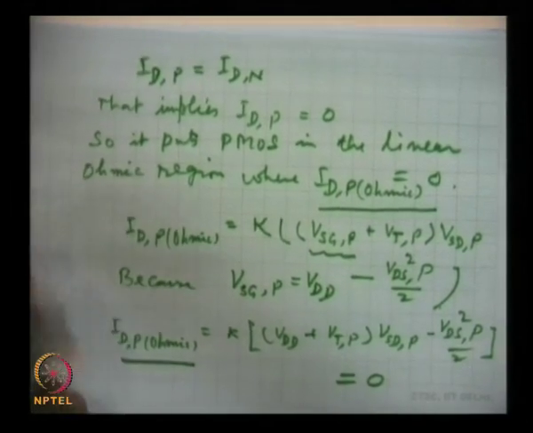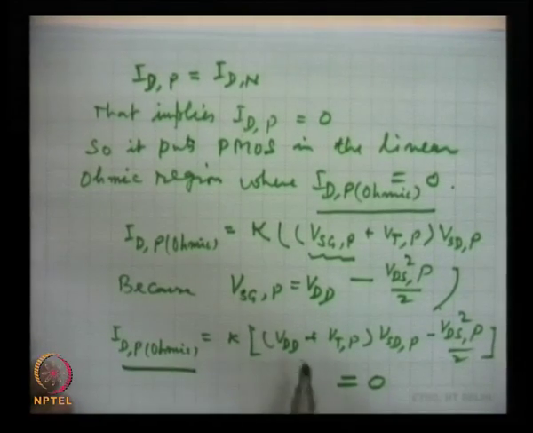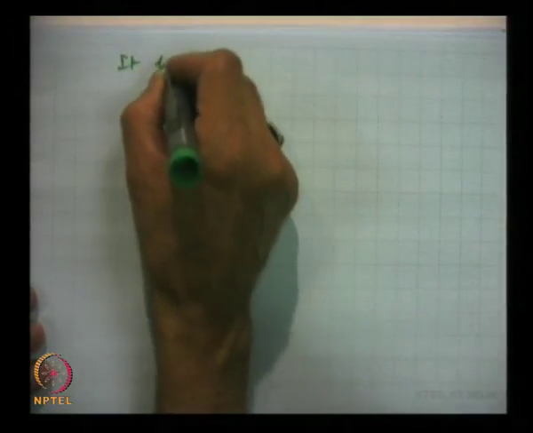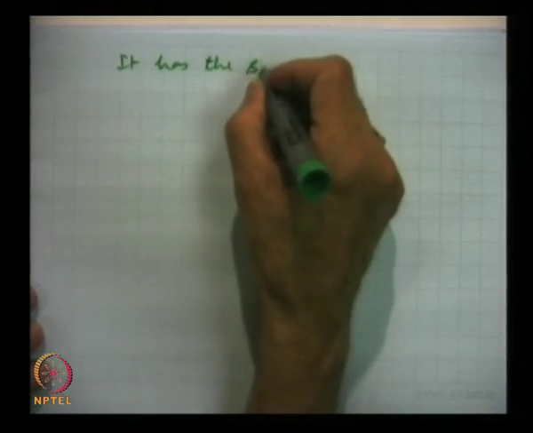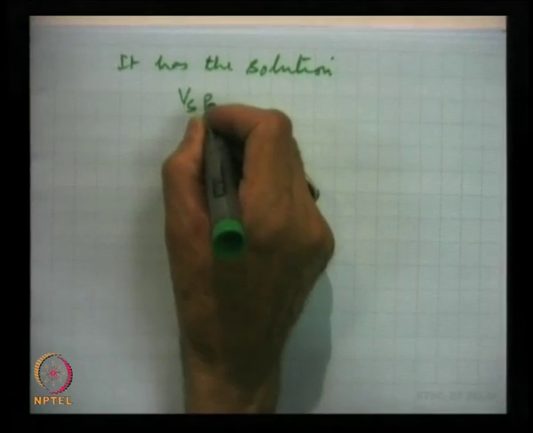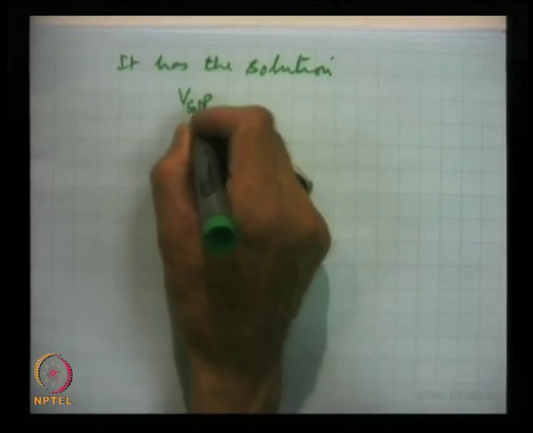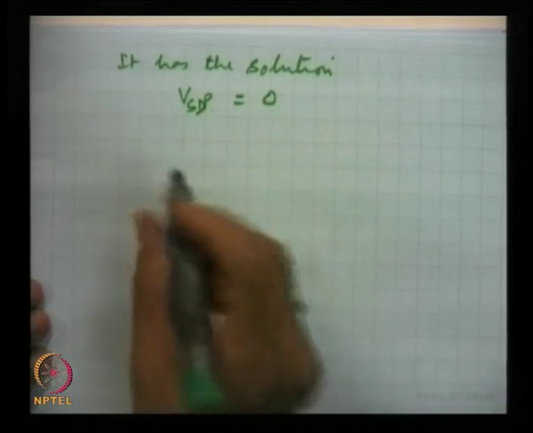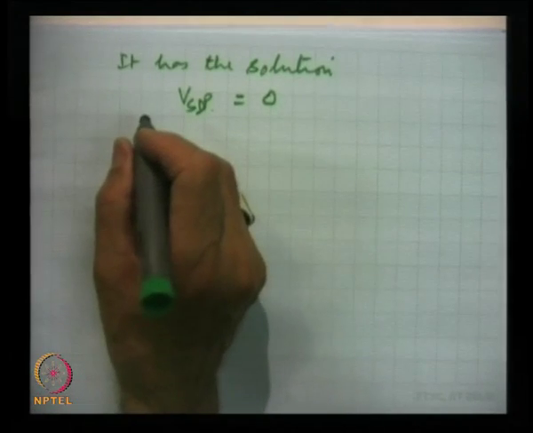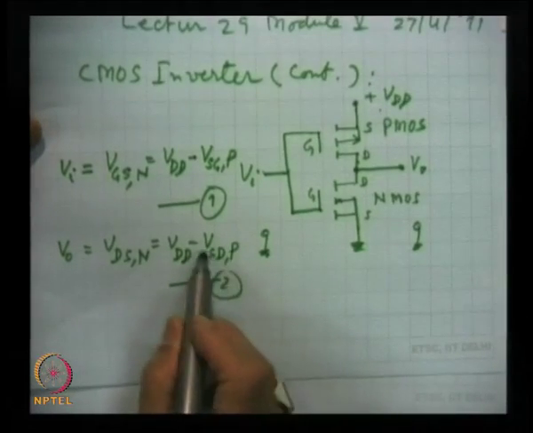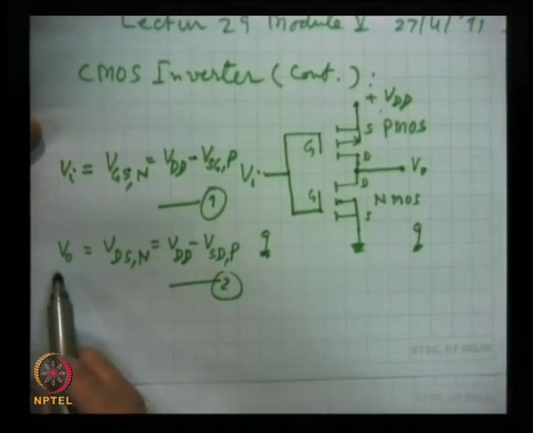Then the solution of this equation with this 0, K is not 0 and other parameters are not 0, this will imply that it has the solution VSDP is 0. Now, substituting this in equation 2, VSDP is 0, that will tell us what will be the output.